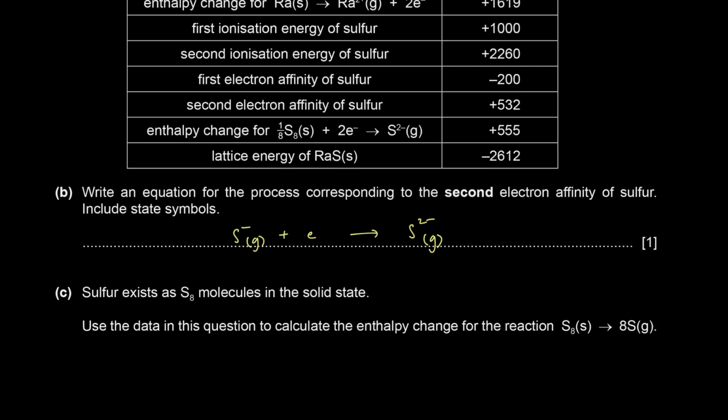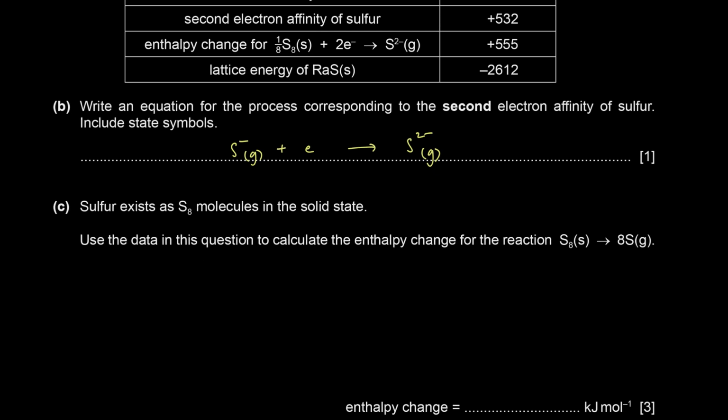Sulfur exists as S8 molecules in the solid state. Use the data in this question to calculate the enthalpy change for the reaction sulfur solid to gaseous sulfur atoms. Okay, so what we have is S8 forming 8S gaseous. Okay, they want to find the enthalpy change for this reaction.